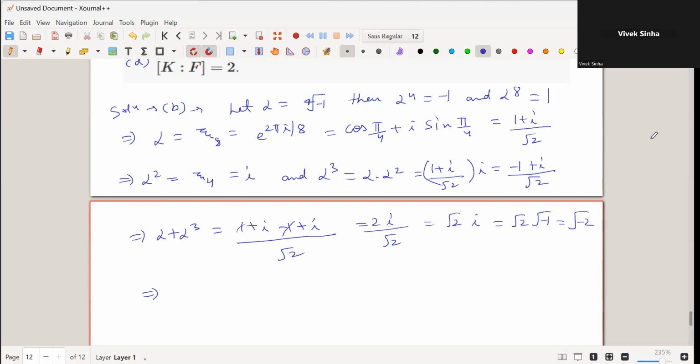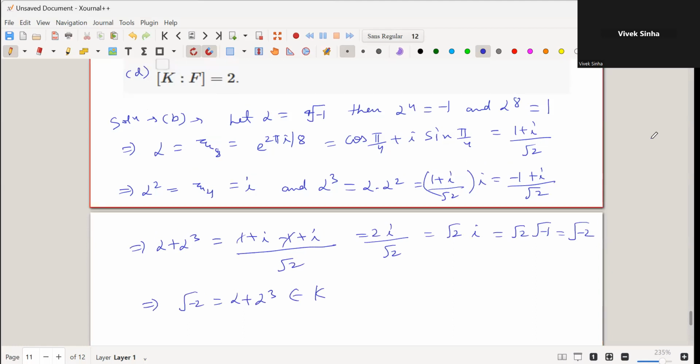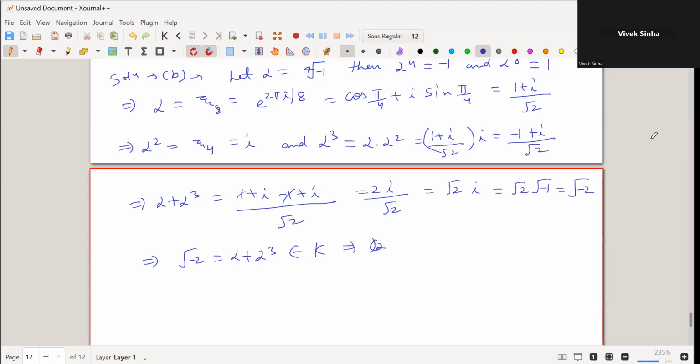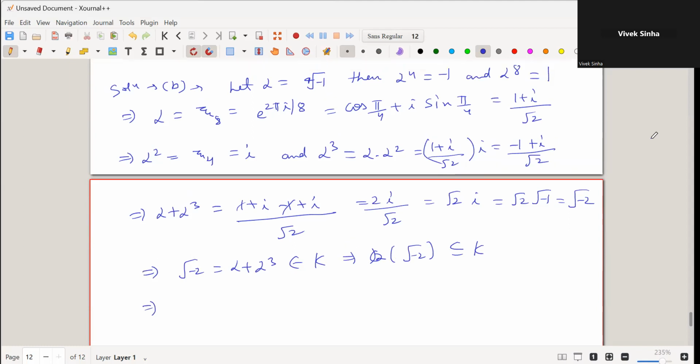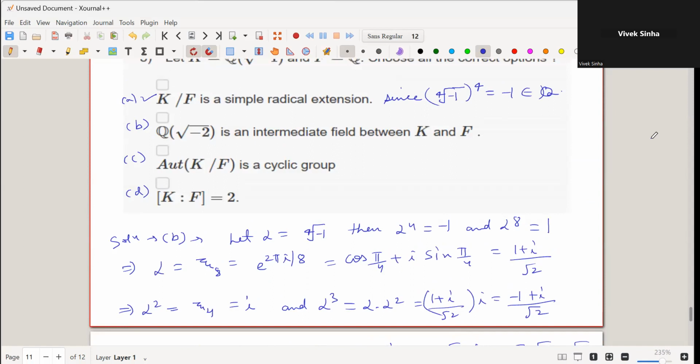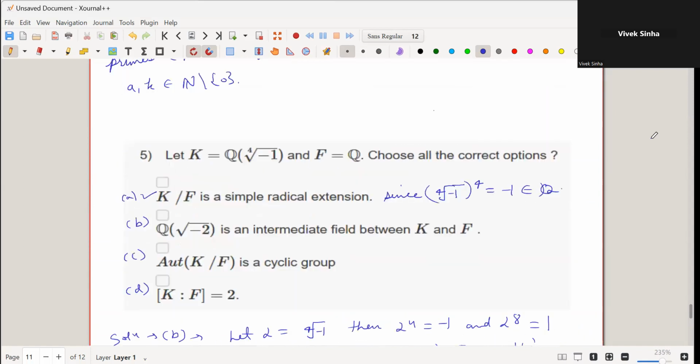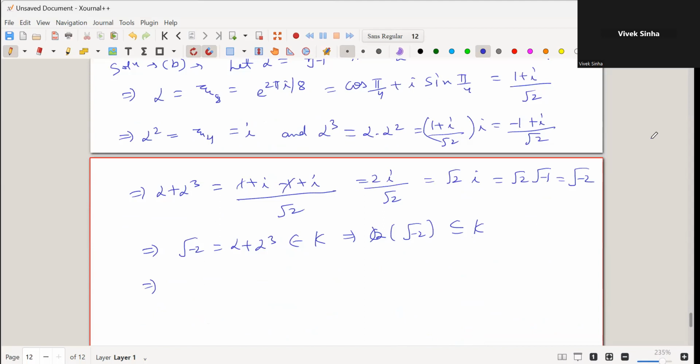So this implies root of minus 2 is alpha plus alpha cube, which is surely inside K because alpha is inside K. Thus Q adjoint root of minus 2 is a subfield of K, and this implies that Q adjoint root of -2 is an intermediate field between K and F, where F is Q. This implies B is correct, right?